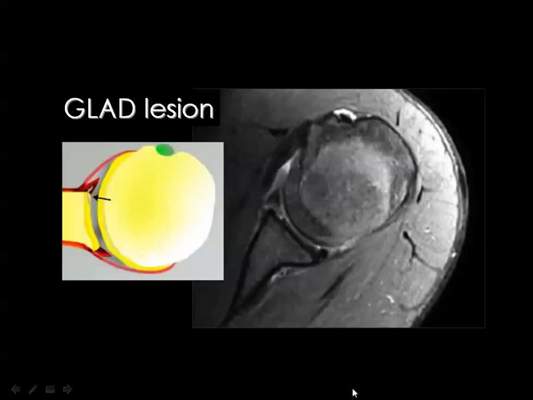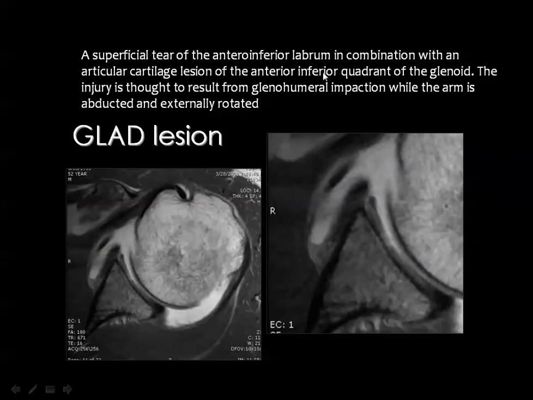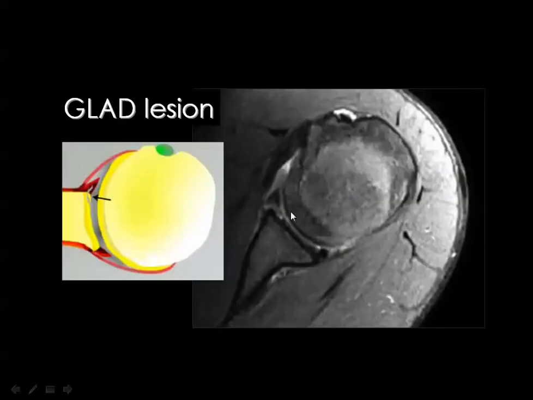Then you are dealing with this lesion, which is known as GLAD lesion, and this GLAD lesion represents injuries of the anterior labrum as well as the articular cartilage of the glenoid part of the scapula. Then you can appreciate this in this MRI, and this is injury of the anterior labrum, and the injury is extending into the articular cartilage. This is the articular cartilage of the glenoid part of the scapula, and this is the extension of the injury as this drawing shows.